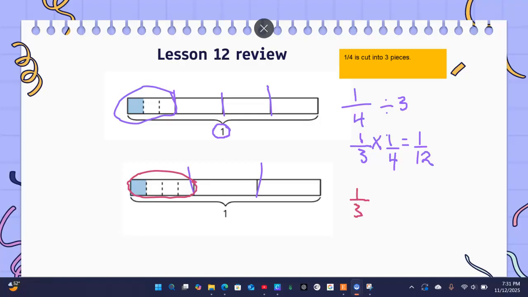Let's write that down. 1/3 is cut into 4 pieces, right? So we can write that as 1/3 divided by 4.